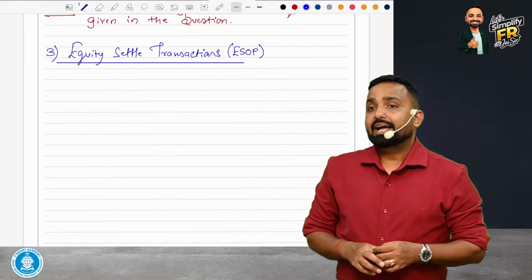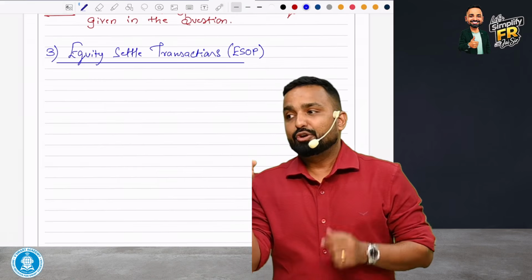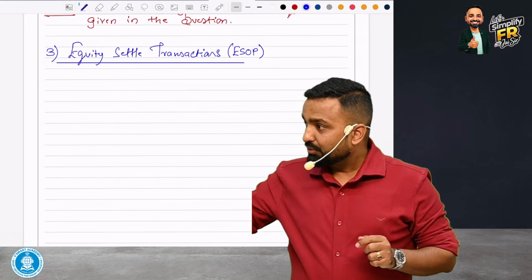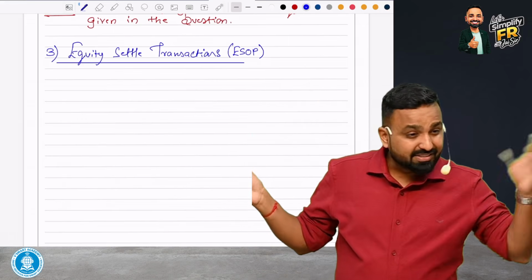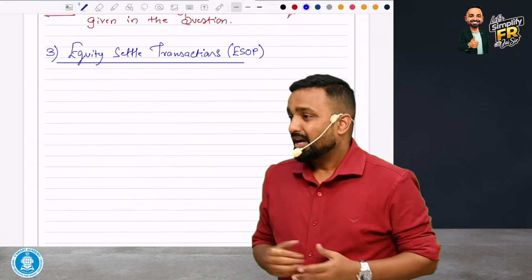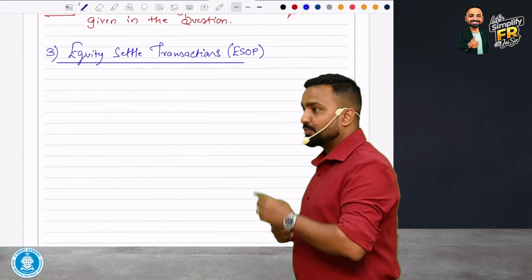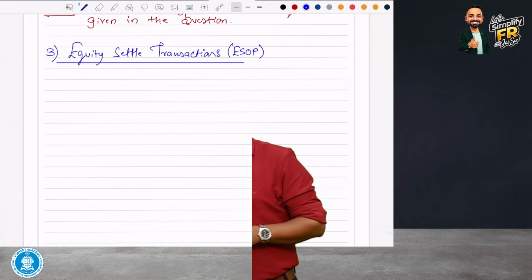Now I derived the fair value of one option. You remember fair value? Fair value is based on market price, exercise price, and risk-free interest rate. I derived the fair value of one option as 40 rupees.